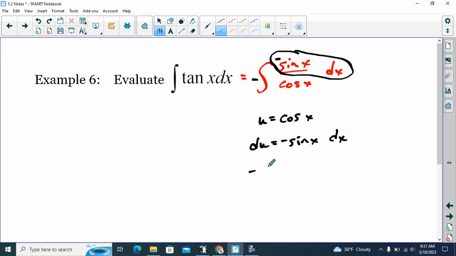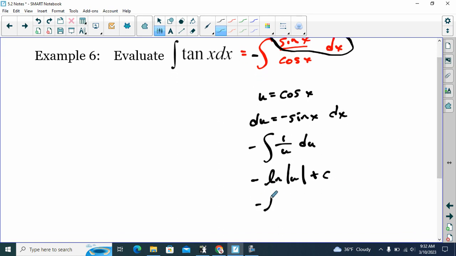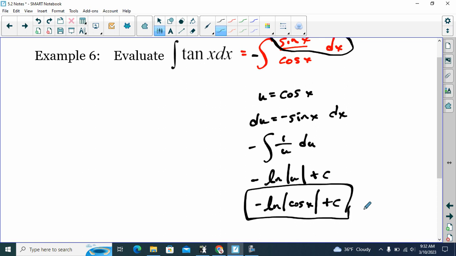So I have negative the integral of 1 over u du. This time we do have a natural log. Integral of 1 over u du is ln of the absolute value of u, and we substitute back in. The opposite of the natural log of the absolute value of cosine x plus c.